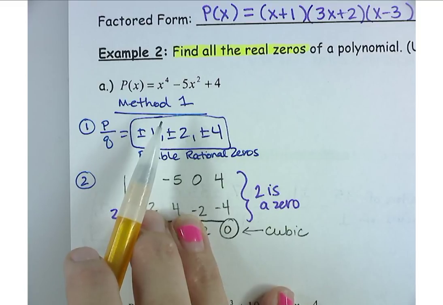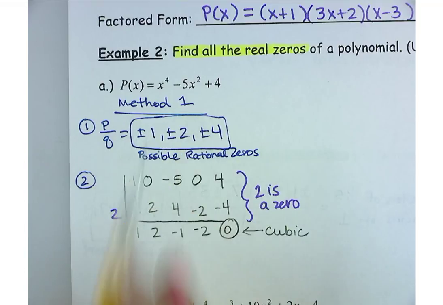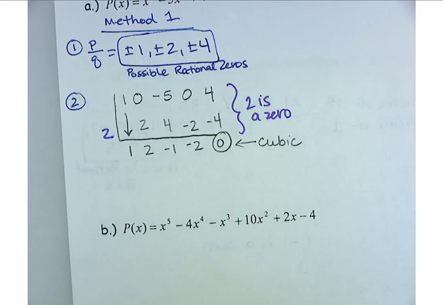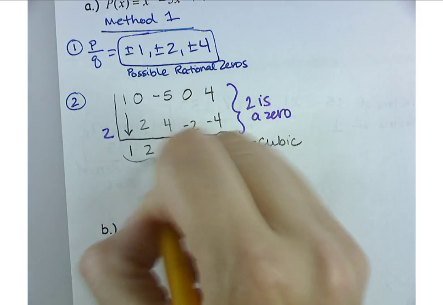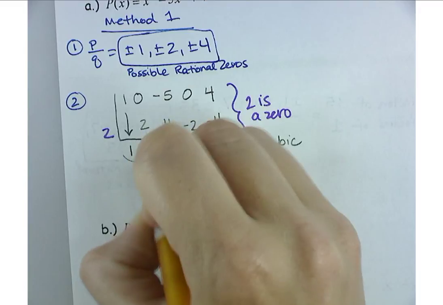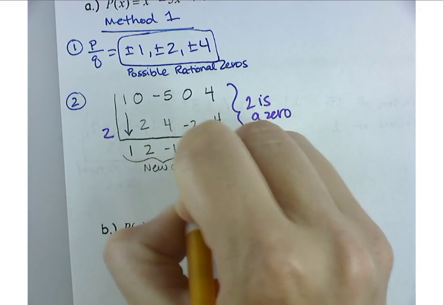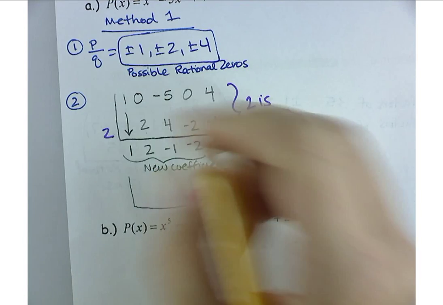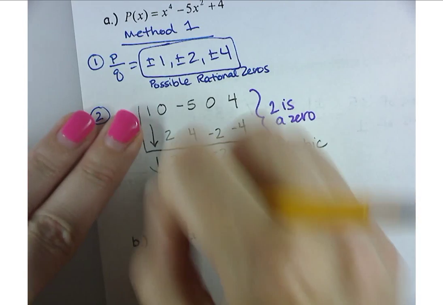So I'd have to do this one more time in order to get a quadratic, but I'd have to use these same coefficients. Okay, so then these would be my new coefficients for my second time. So you would do synthetic division again.